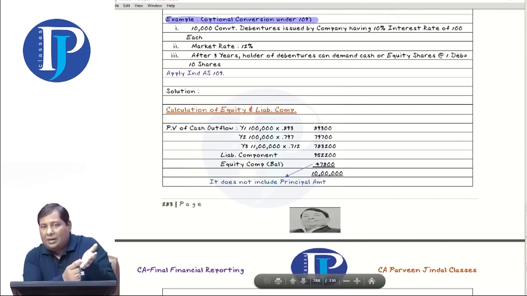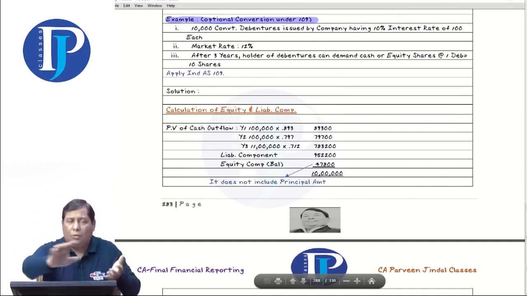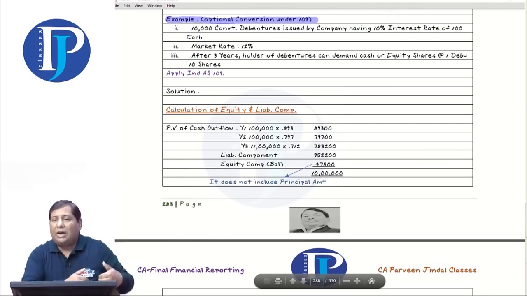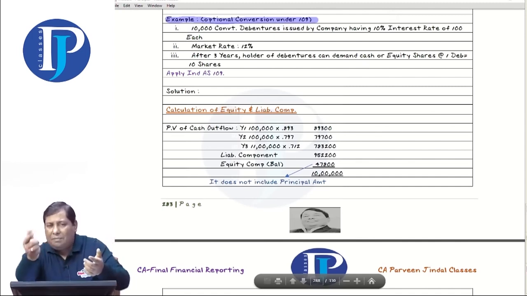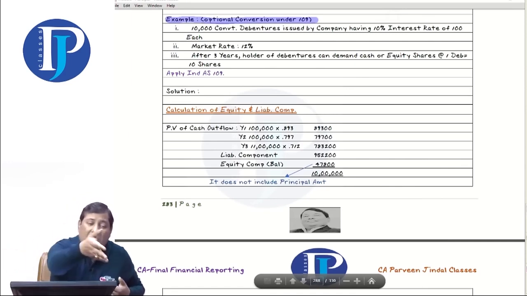I will always calculate the incremental EPS of potential shares and compare it with the basic. If it's less than the basic, then I will move on to the next step, which is diluted EPS. If incremental EPS is higher than the basic EPS, I will just leave it as it will be anti-dilutive EPS.